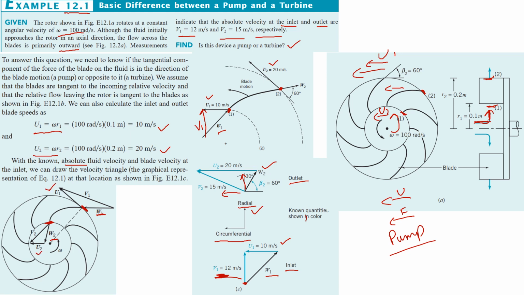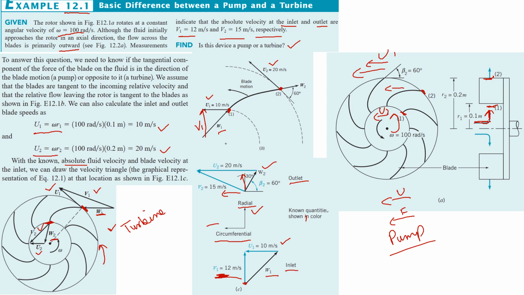As you can see, we can draw our velocity triangle, and the rotor is moving in this direction, but the velocity right here has only one component, the circumferential, and at the outlet it now has both the radial and the circumferential components as well. So this will be the scenario for a turbine.